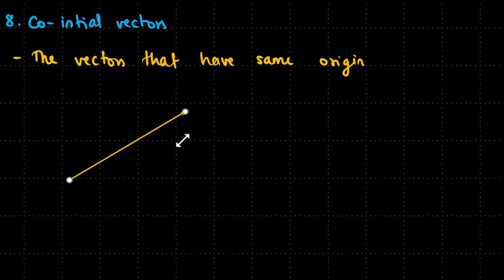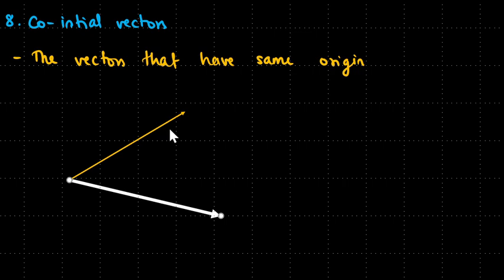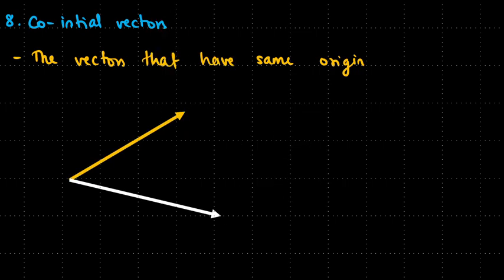Suppose this is our vector and we have another vector. Suppose this one. If they start from the same point, the vector can be in any orientation like this. If they start from the same point, it's going to be co-initial vectors. Pretty simple as that. So let's also make this a little bit bigger.